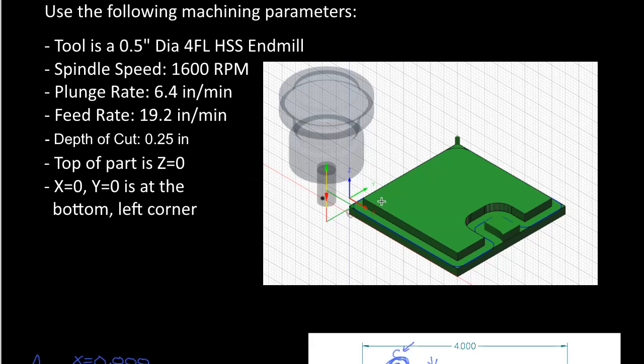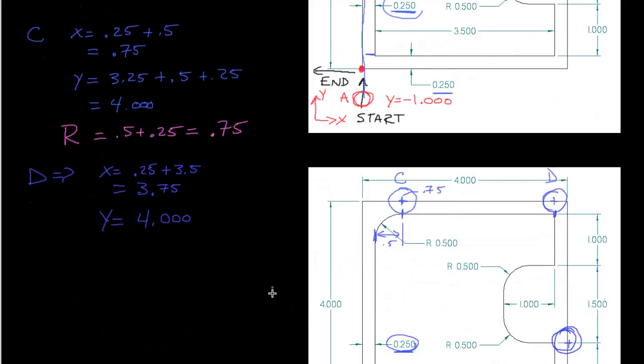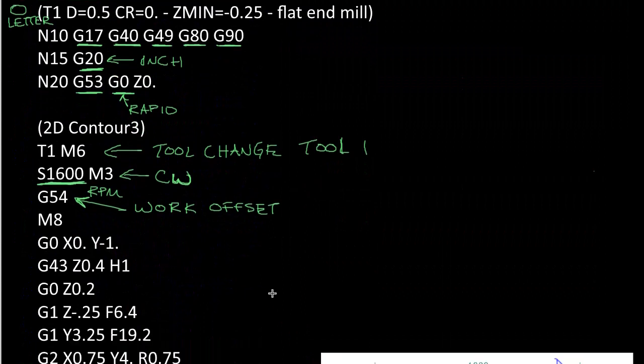So we said that the Z0 is on the top plane and the X0 is along this edge here. The x0 is along this plane, and the y0 is along this plane right here. So you would basically position this plate in the machine to have that as your work offset. Okay, going back to the code here. So, see these x and y positions? That's with respect to that point, that G54 work offset.